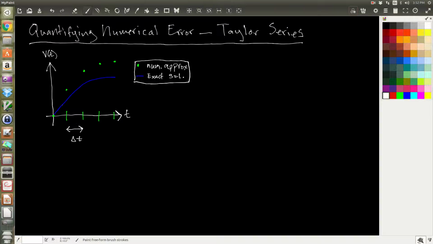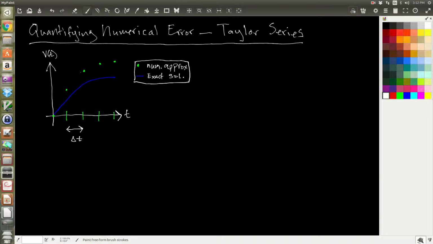And then I also showed how we could use a finite difference approximation for the derivative and come up with a numerical solution that looks something like these dots here. So the solution was only given at discrete points separated by some value delta t.